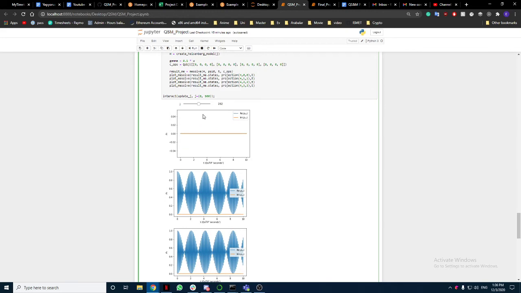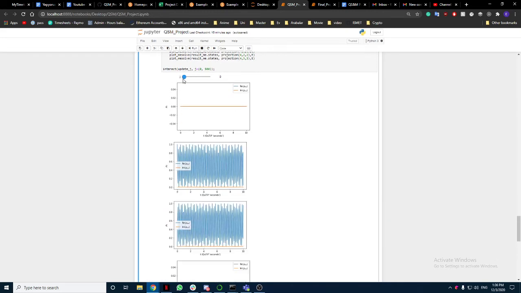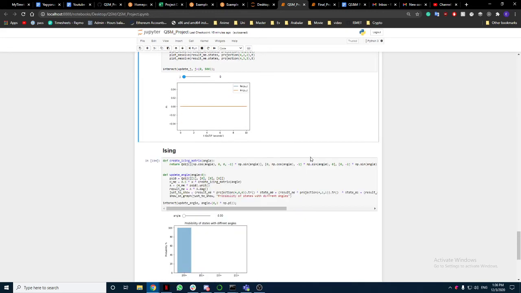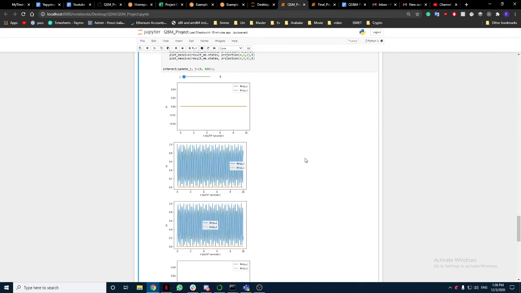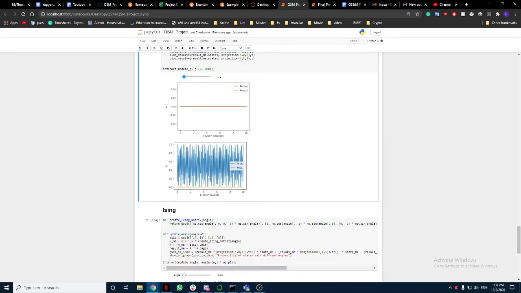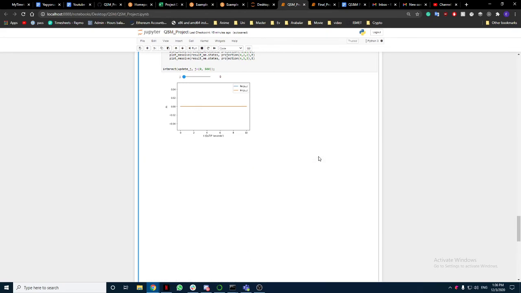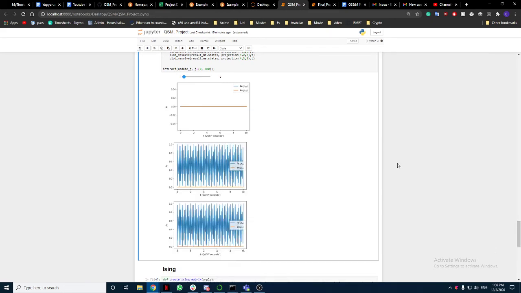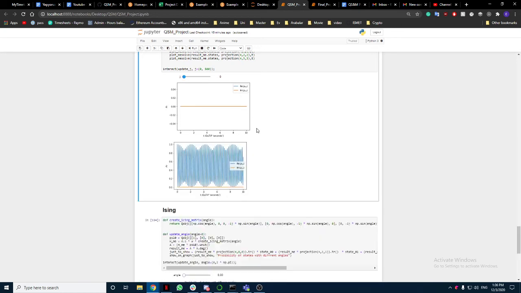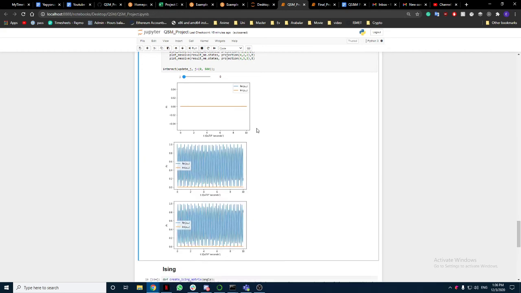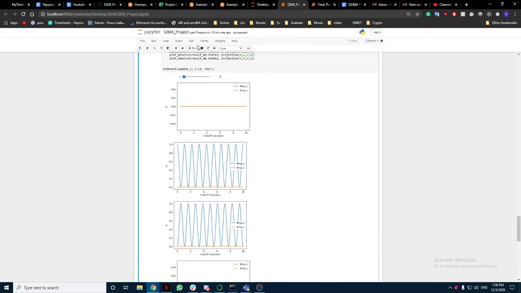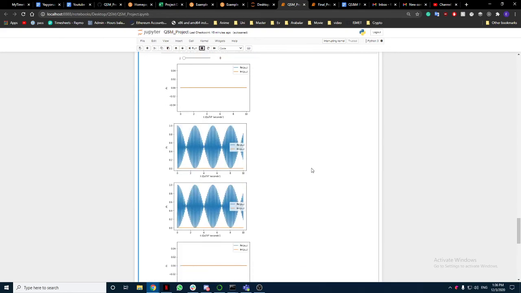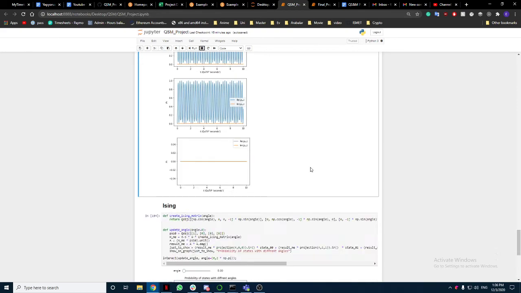So we can manipulate them, and as you can see, the frequency changes, which was expected, and these kinds of interesting behaviors can be observed. And of course, at J equal to 0, we will see a nice oscillation.